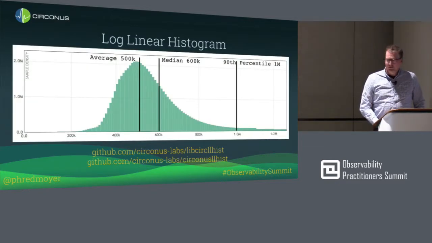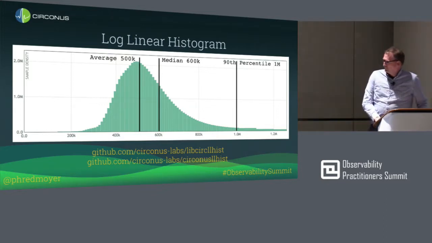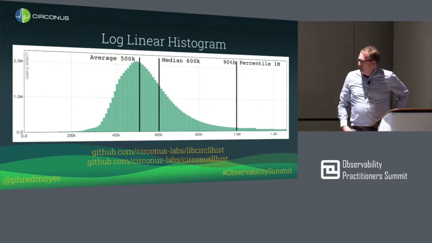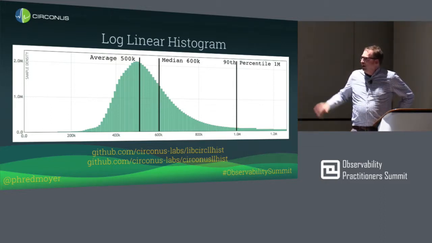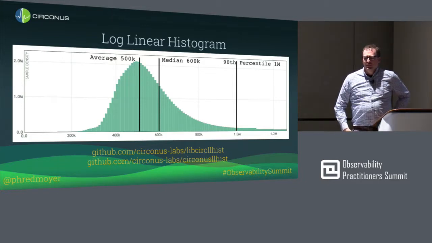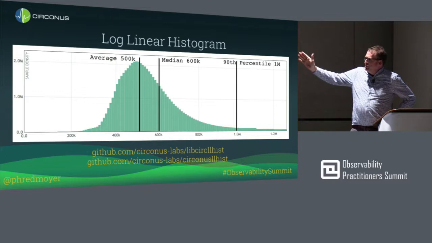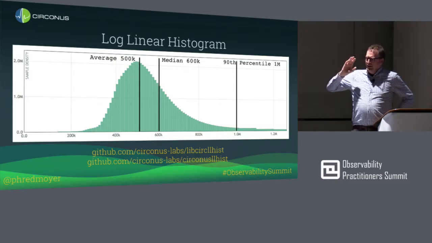This is a log linear histogram that we've implemented at Circonus. Can everyone see the delineations between the bins? So essentially, what I have here is latency data for a set of load balancers over a period of time, graphed here. And I've got bins that increase exponentially by a factor of 10 every power of 10.